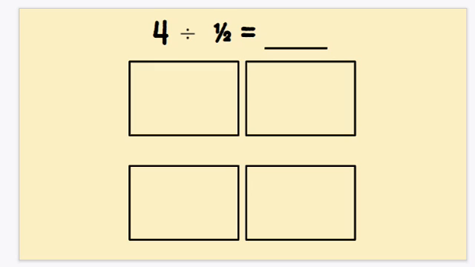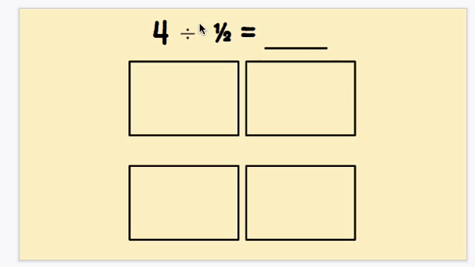If you take a look at this one, we have 4 divided by 1/2. Because I am starting with a whole number, I am going to start by drawing 4 whole rectangles like I have here. Now that I have my 4 rectangles, I'm going to take a look at the denominator here, and I have 2.